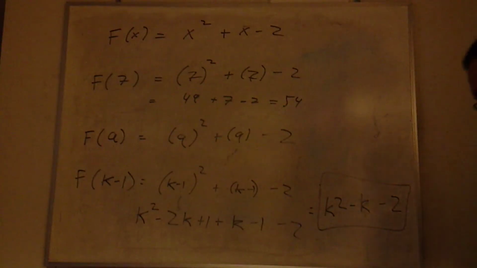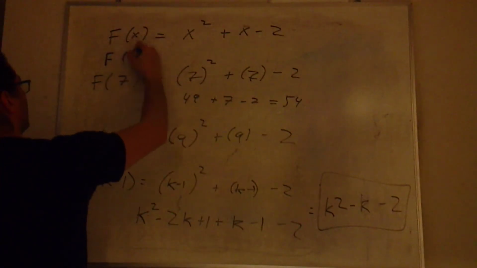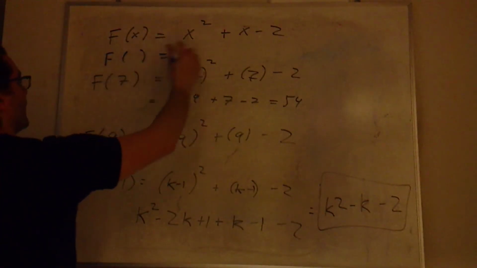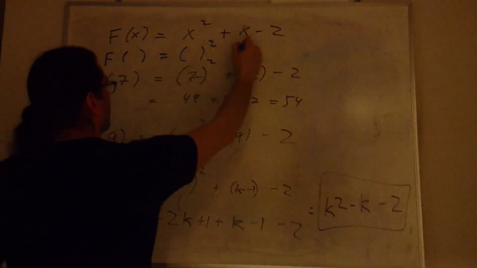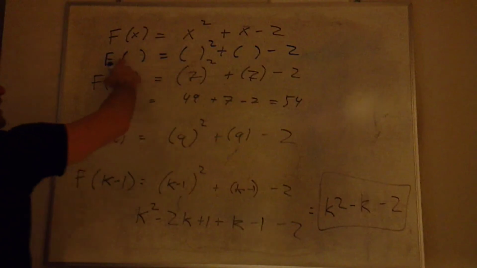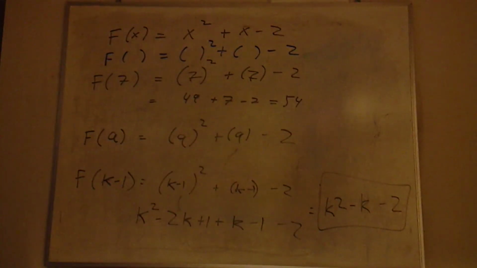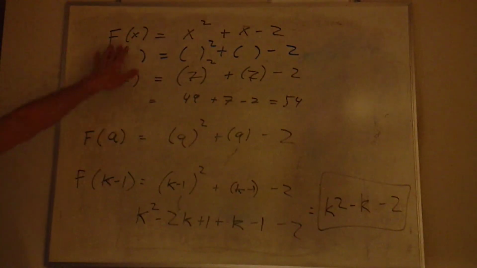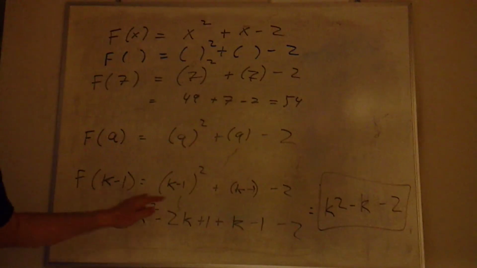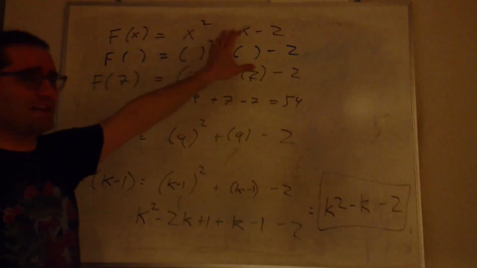This technique, I think, is pretty important. It's worth emphasizing again. It's really handy to think about f in terms of empty parentheses instead of x's. Because one of the big things we're going to do in this section is replace x's with things like 7 or q or k minus 1. And when you see these functions, you kind of want to have x's in them.